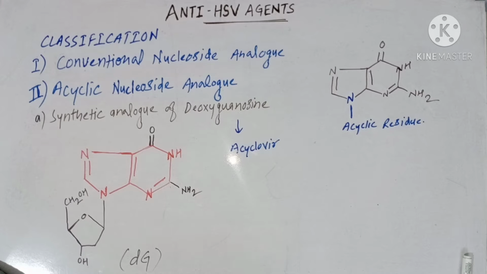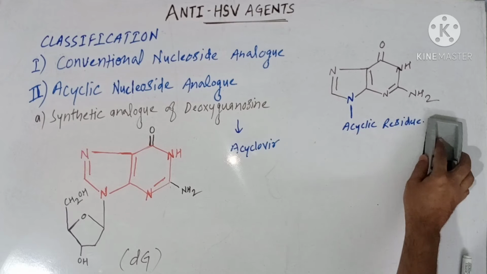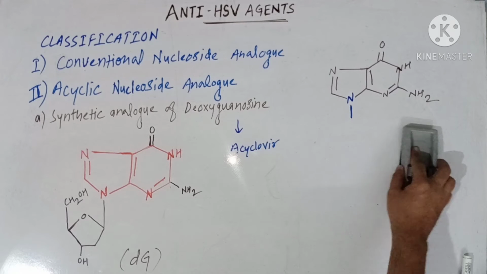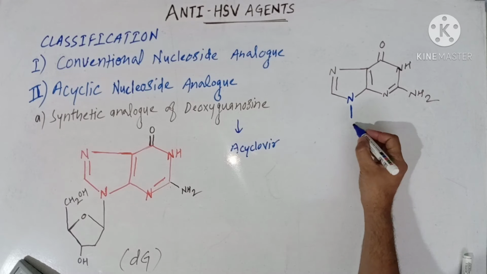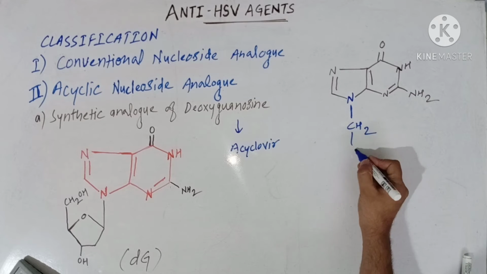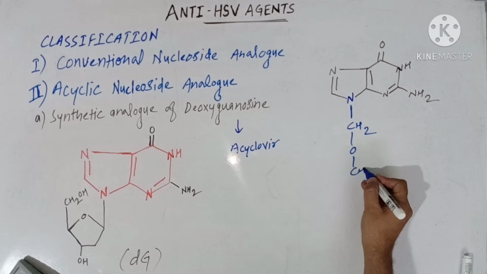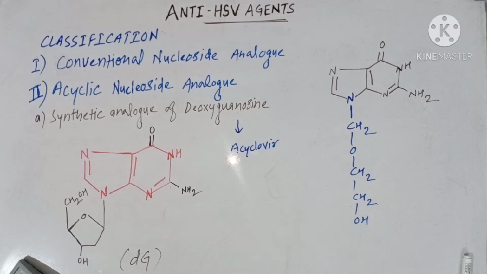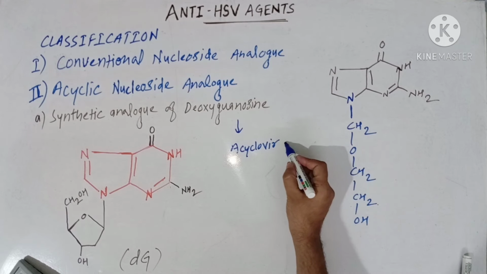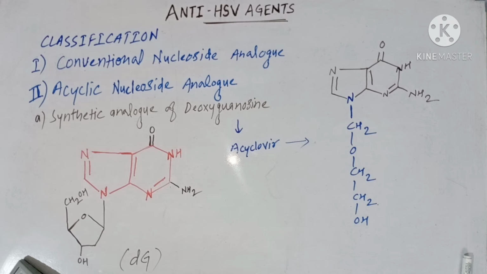So acyclovir has an acyclic residue at this nitrogen, and the structure of that acyclic residue is that it has a CH2 group, then oxygen, then again 2 CH2 groups, and finally a terminal hydroxyl group. So this is the structure of your acyclovir.